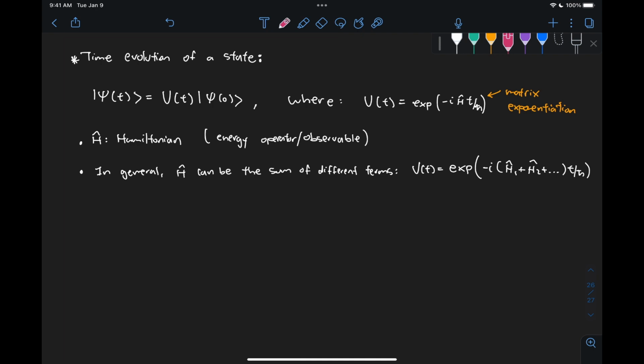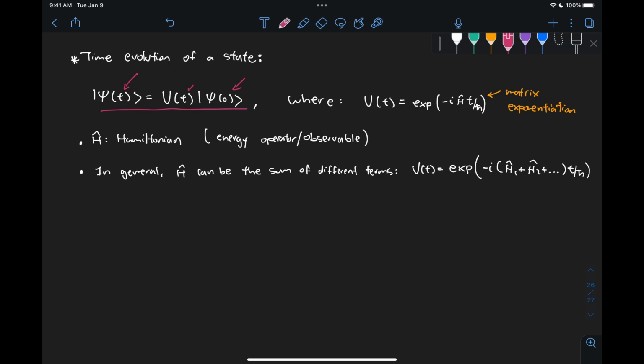The first thing we're reminded of is that the evolution of a quantum state psi is given by this equation. We have some initial psi of 0, and that psi at some time t is evolved by some unitary that depends on the time.